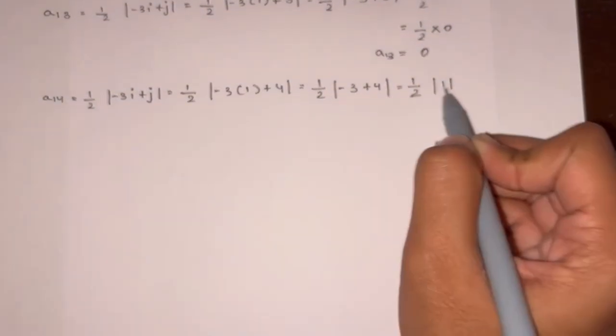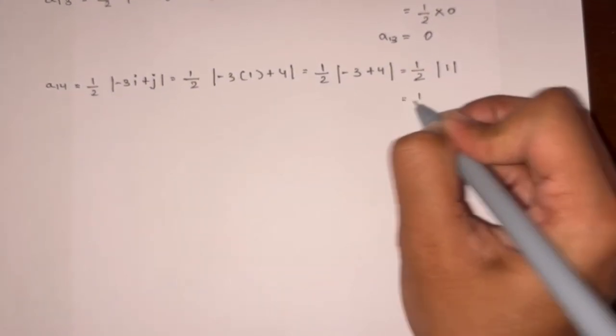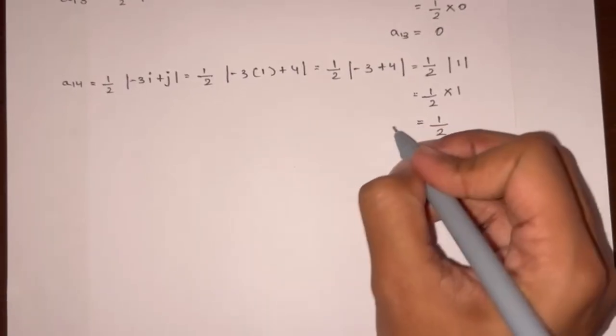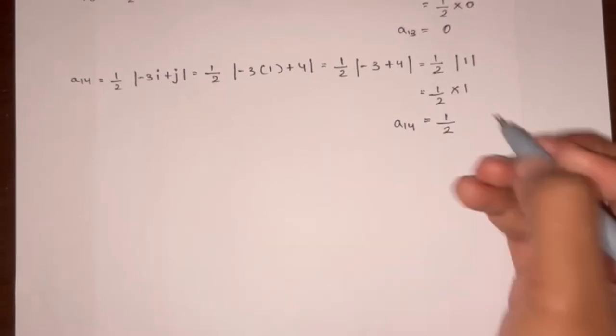Minus 3 plus 4 we get 1. Then removing the mod, into 1, that is nothing but 1 by 2. So A14 is 1 by 2.